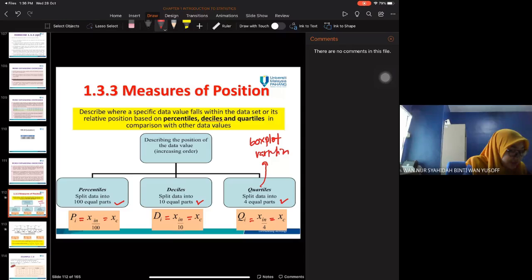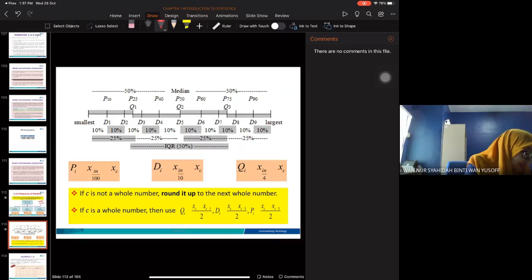So C here is a position in your data, the data number C. So we have a formula for the C here. C is the position of the data value, not yet the answer.